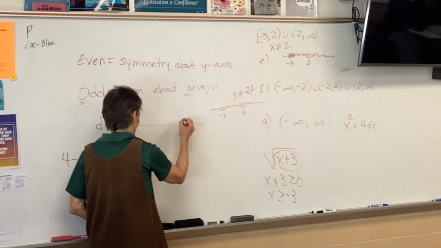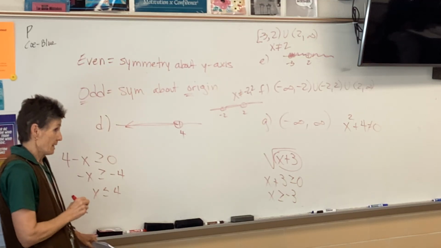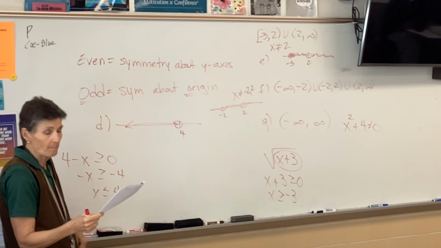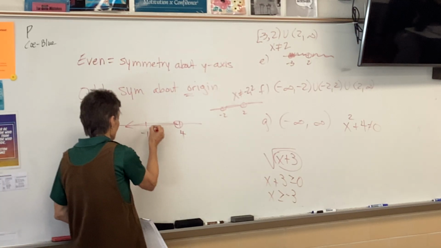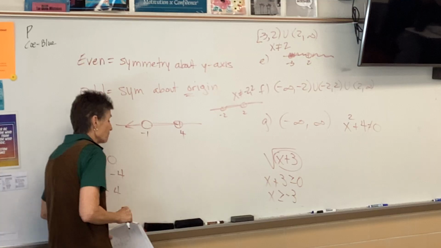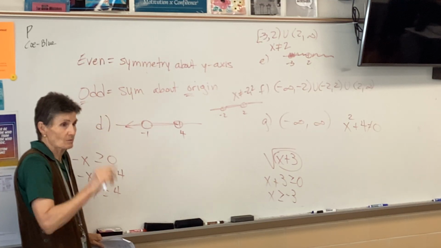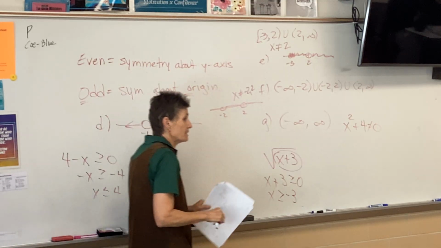So on my number line, here's 4. I'm going this way. Is there anything else about problem D that bothers you? Can't be negative 1, so here's negative 1. I'm going to open dot there. Is there anything else that bothers you? No. Mike's shaking his head no.